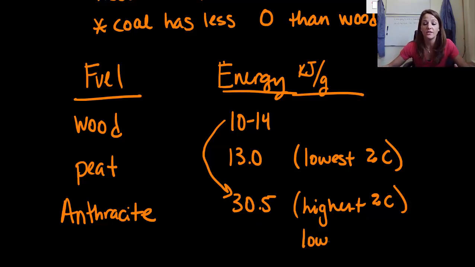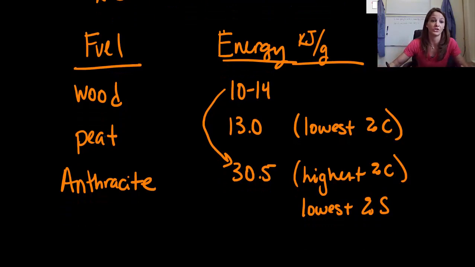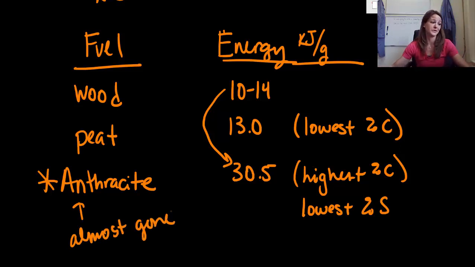It has the lowest percentage of sulfur. So it's actually not only giving us the most heat upon combustion, but it's also giving us the least amount of toxic pollutants. So it's a really good version of coal. The problem is our US supply of this is almost gone. Okay, we are almost out in the US, and so it's really, really sad.